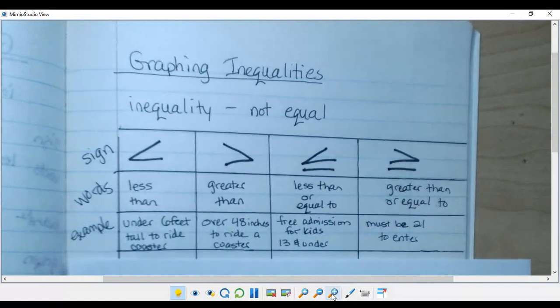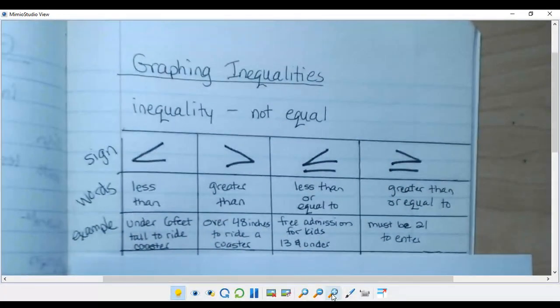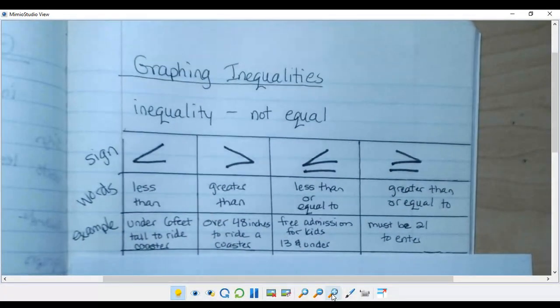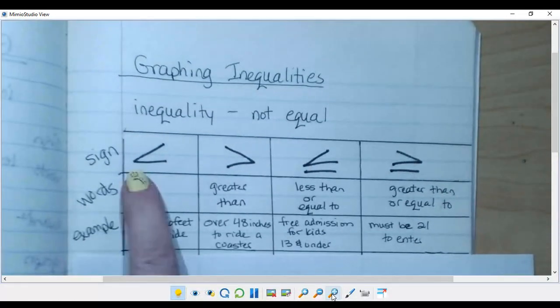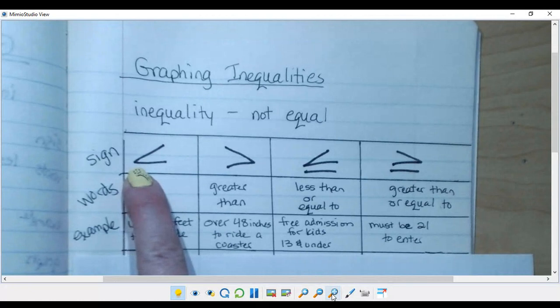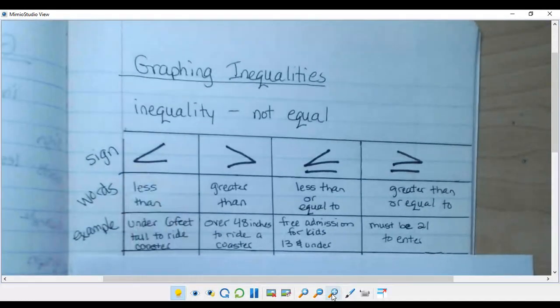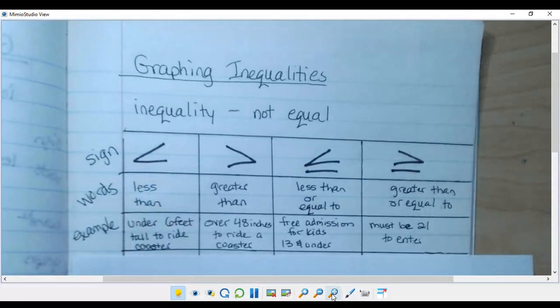A real life example so that you can kind of see when you would use these and what the difference is. Let's think about a theme park or roller coaster, something like that. For this one, for example, you might say that you must be under 6 feet tall to ride the coaster. If you're 6'1", you're going to bash your head on something. So they want to make sure that you're safe.